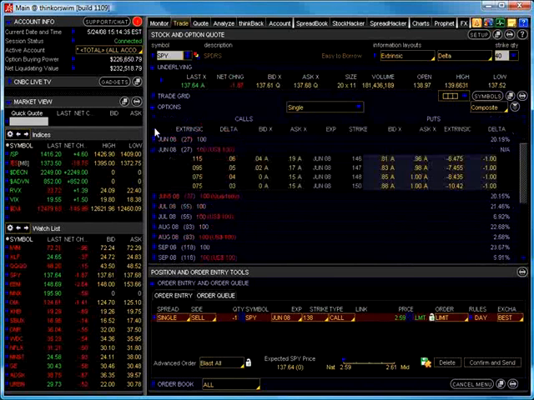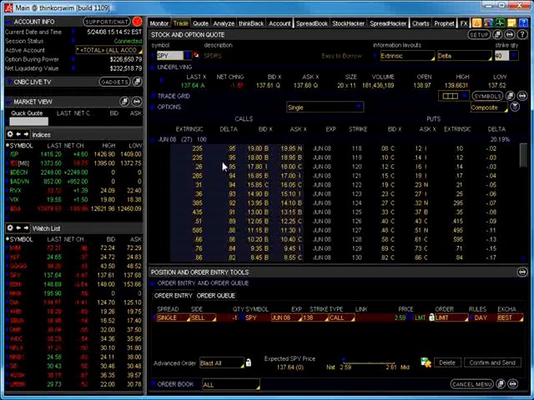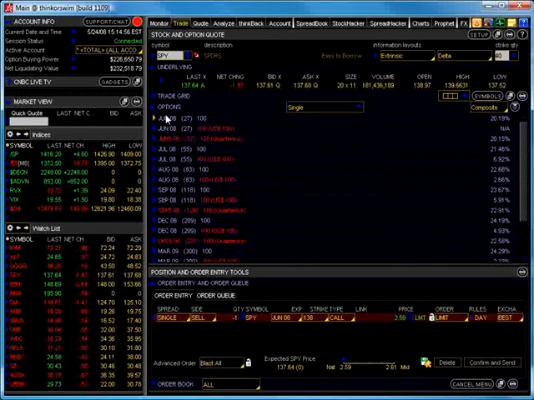I think it might even be a weekly. I don't know what these are, but they have a lot of different kinds of option contracts. The ones we're interested in are the front months. The very next expiration month is called the front month.